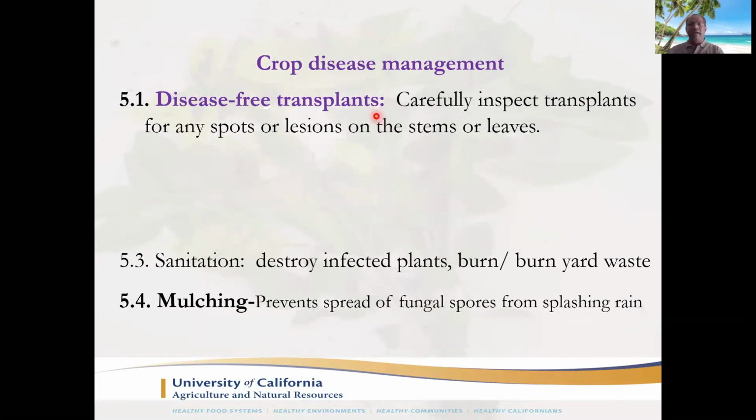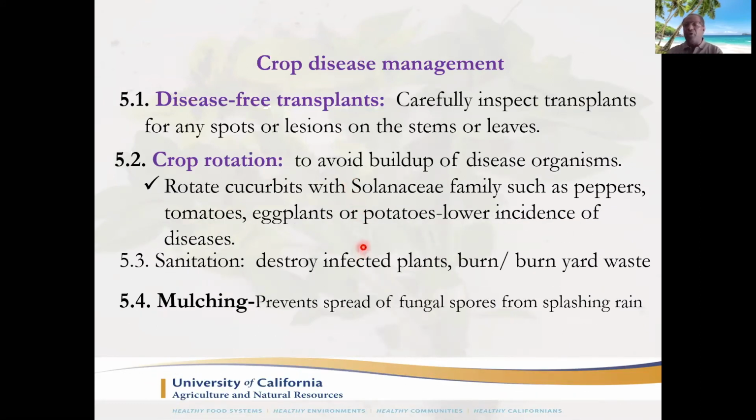So, number one, you can control this by having disease-free transplants. Sometimes plants are affected, you bring them to your garden, and it can be transmitted to other crops as well. Crop rotation works because we know not all diseases affect all crops.